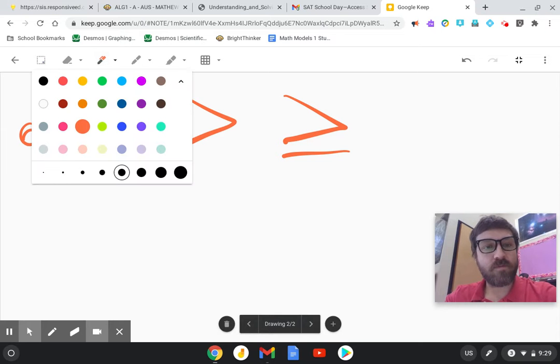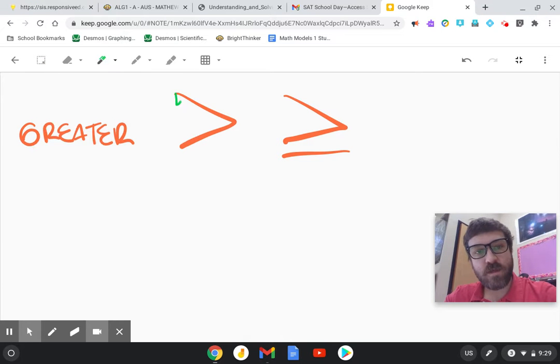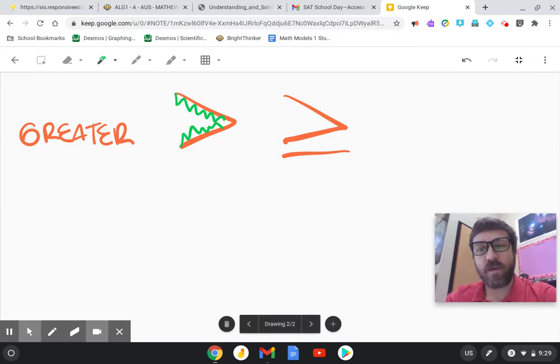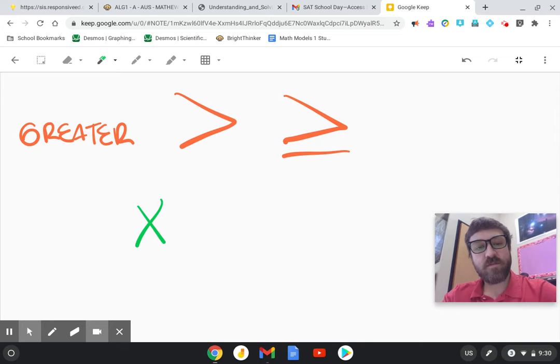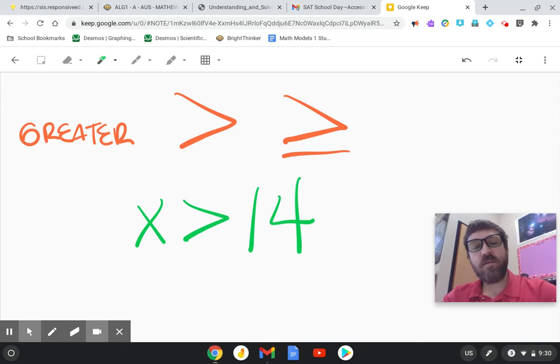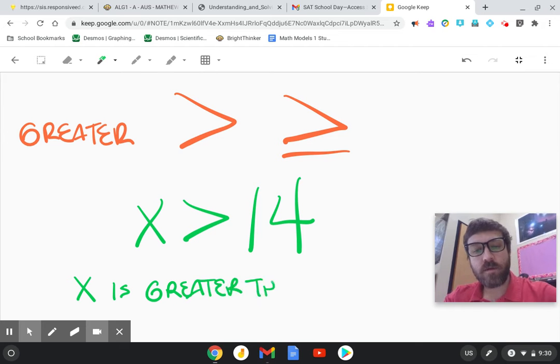The way that most people remember this is that the little symbol can be made into like a mouth, almost like an alligator. You've probably seen this when you first learned how to do this. And it always wants to eat whatever's bigger. So in a sense, we're saying that whatever's in this spot in a relationship is going to be greater. So if I had these symbols and I wrote X, this would be saying that X is greater than 14.